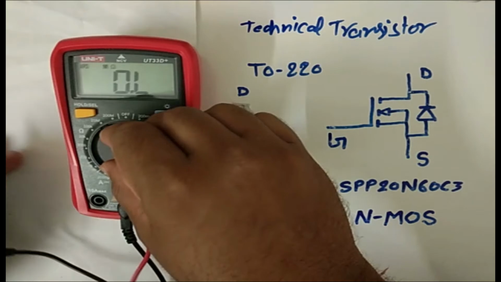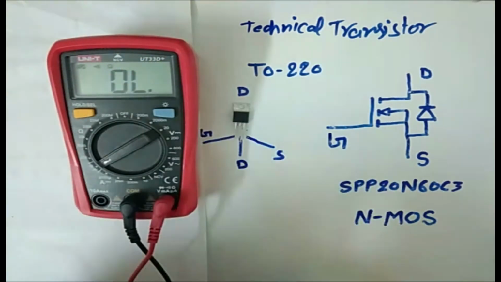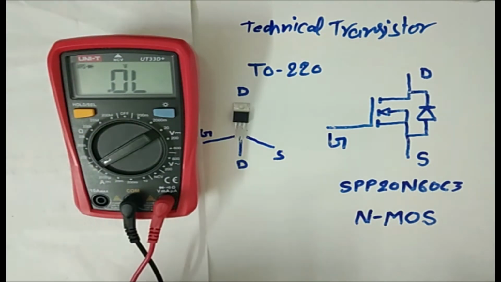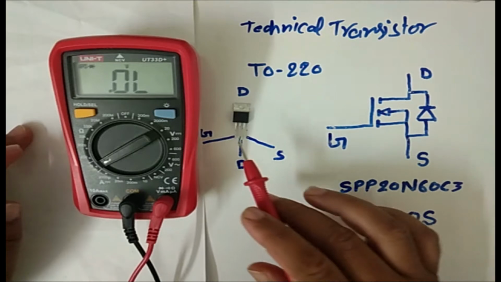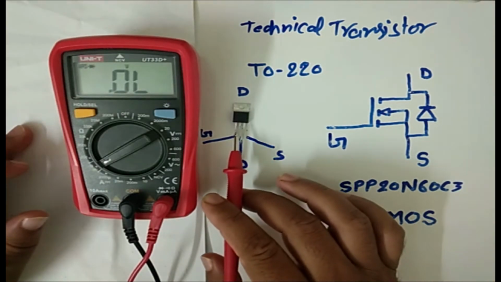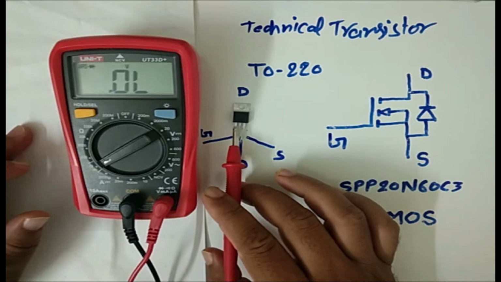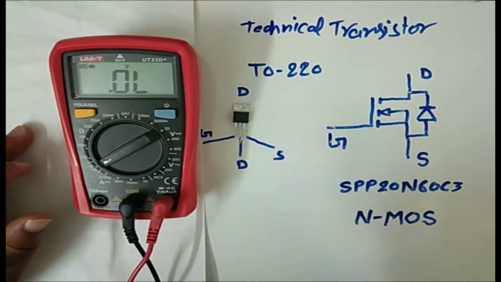Now I tell you how a MOSFET turns on. I put the multimeter again in the diode range. How does a MOSFET get on? A MOSFET may turn on by keeping the red lead on the gate terminal when the multimeter is in the diode range.